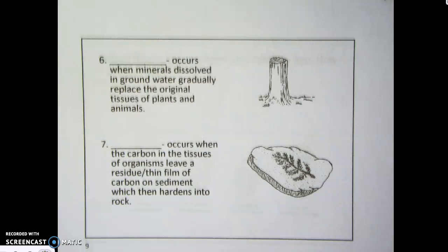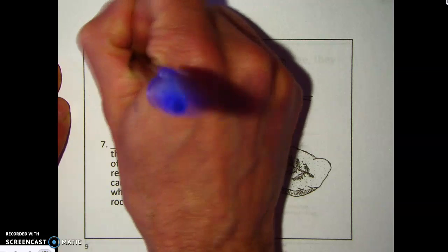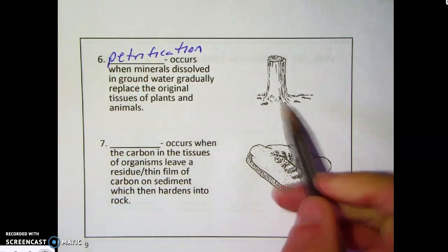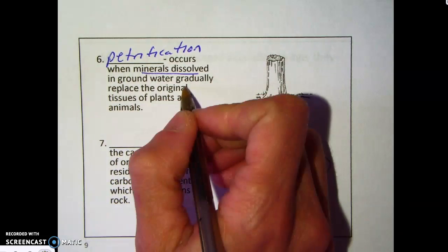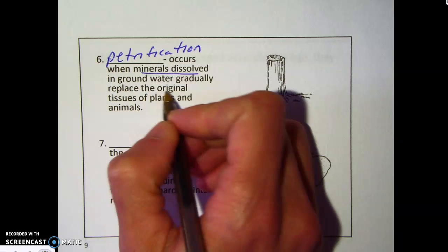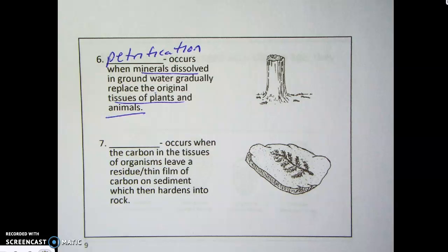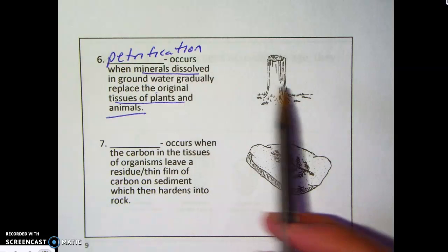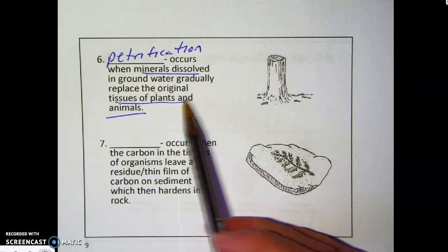We have petrification. Many of you have probably heard of petrified wood. In this case, minerals dissolved in water gradually replace tissue of plants and animals. So the organism died, whether it was a plant or an animal, and minerals dissolved in the water over time replace the original tissue and cellular structure.